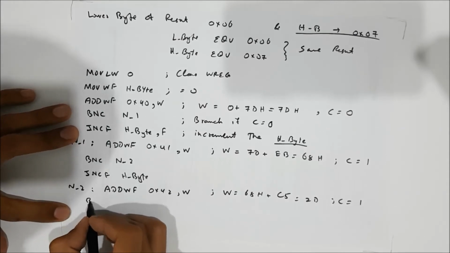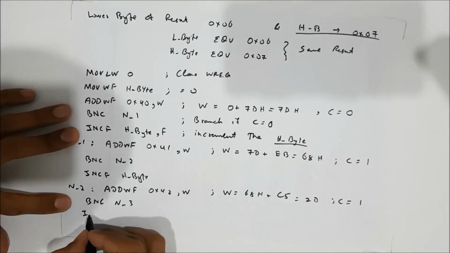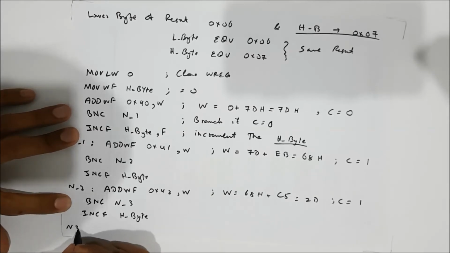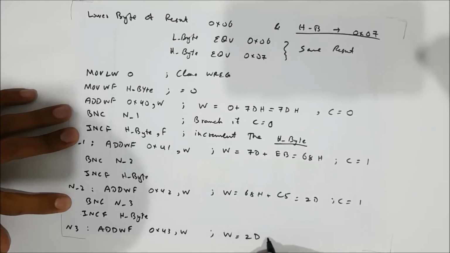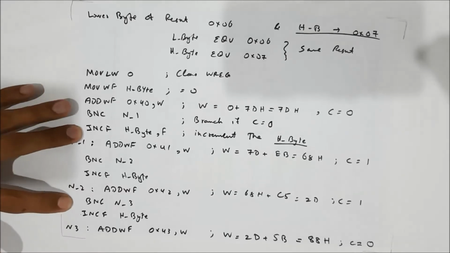So again BC N3, INCF H byte, and at N3 we will add ADDWF 0x04, 3, W. So W is equal to 2D plus 5B is equal to 88 hex, and C is equal to 0.